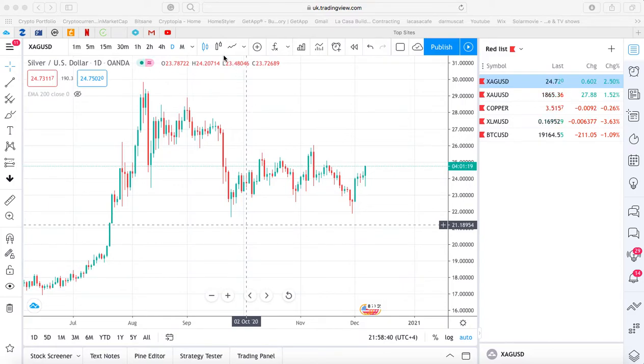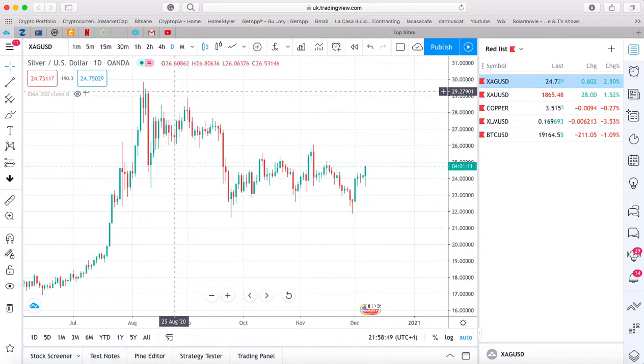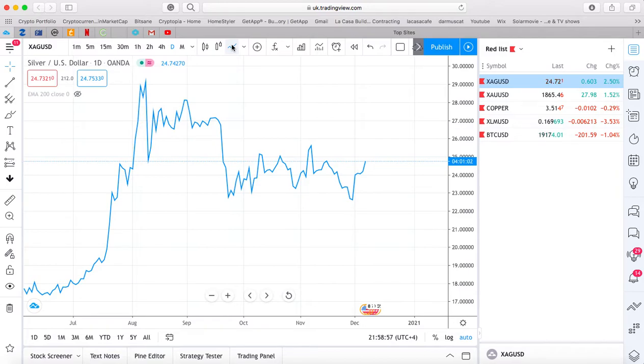So the first thing is, the best platform is tradingview.com. It's right here, and it's totally free. Most of us, when we look at charts, look at something like this. This is a line chart, and there are two axes.